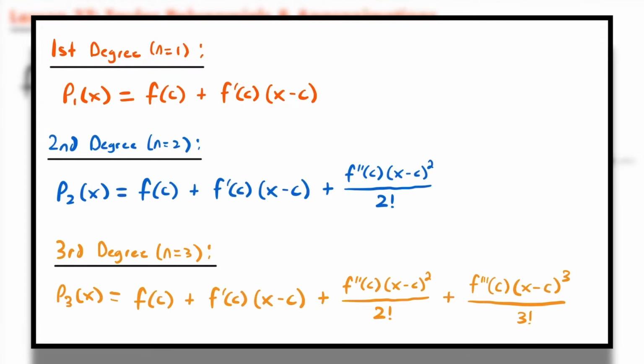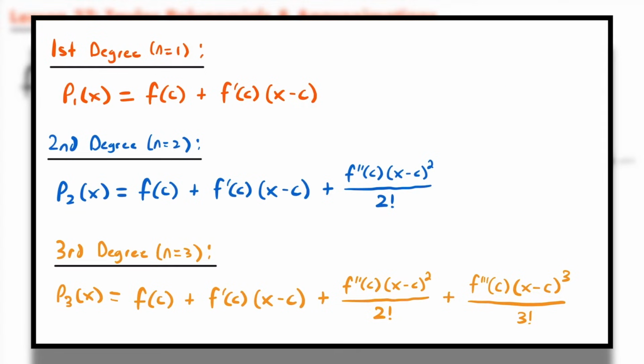Now for every degree after that, we're just going to be adding on one more term to that polynomial, right? So a second degree Taylor polynomial, where we have p sub 2 of x, is going to include those first two terms that a first degree Taylor polynomial had, but then we're going to add on one more where n equals 2. That is where we stop.